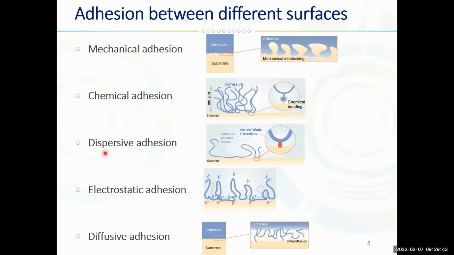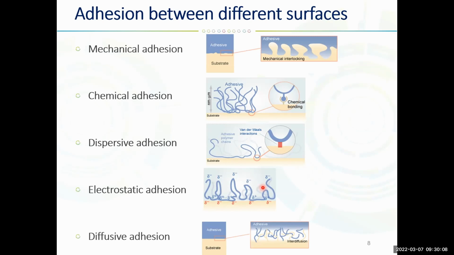Another example is dispersive adhesion. This adhesion is based on the van der Waals interaction between atoms and molecules in the tip and atoms and molecules on a substrate. And if the tip or the substrate tends to be charged, you can get electrostatic adhesion.